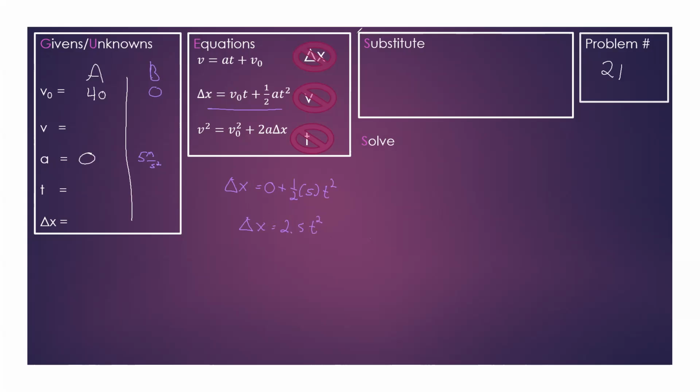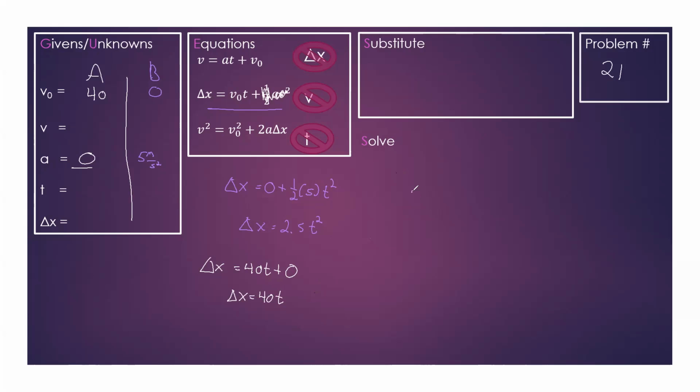And for train A, delta x equals vt plus 1/2 a t squared, but your acceleration is 0, and if a is 0, then everything it's multiplied by is 0, and that whole term goes away. So I've got delta x equals 40t.